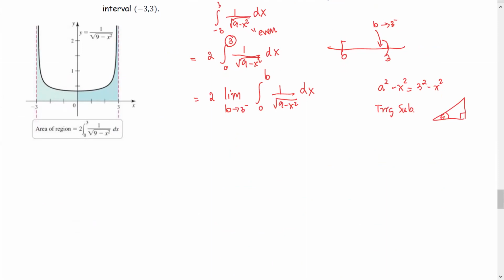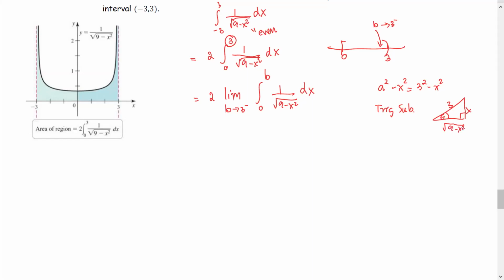When you have the difference of two squares, the first term squared represents the longest side, which is the hypotenuse. So in this case, we have the hypotenuse as 3, and x is the opposite. Therefore, the adjacent is the square root of 3 squared minus x squared, which is the square root of 9 minus x squared.